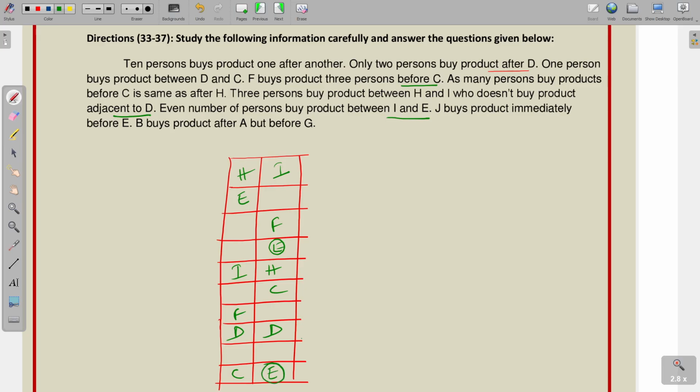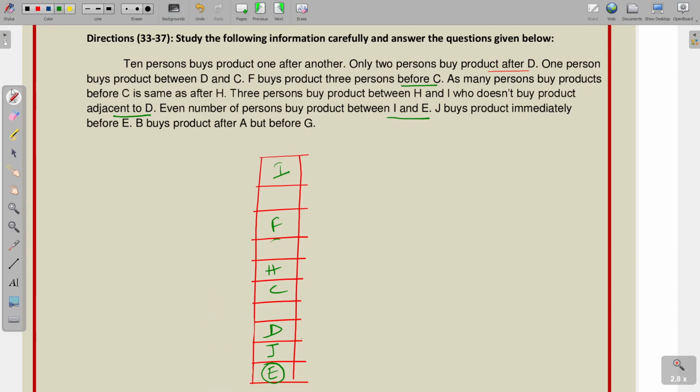It is the second possibility. Next, J buys product immediately before E. So J is placed here, but F is already here, so this possibility is not correct. Here J would be immediately before H, so this one is also not correct.